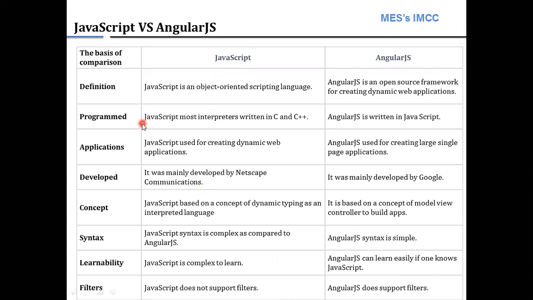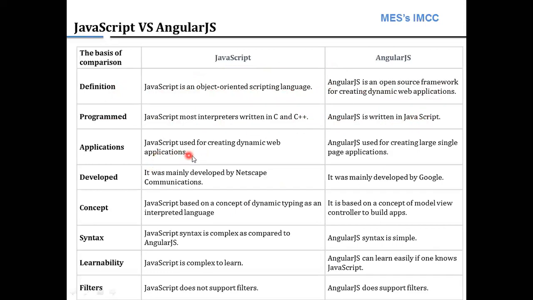Now, what is the difference between JavaScript and AngularJS? We will see one by one. In definition, JavaScript is an object-oriented scripting language, whereas AngularJS is an open source framework for creating dynamic web applications. Second, in the context of the program, most JavaScript interpreters are written in C and C++, whereas AngularJS is written in JavaScript.